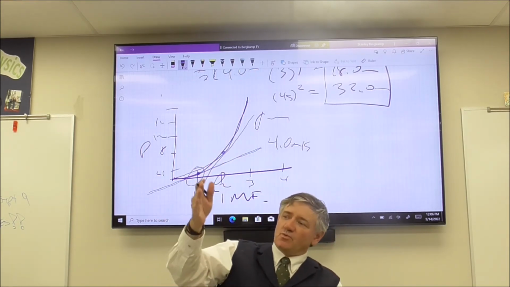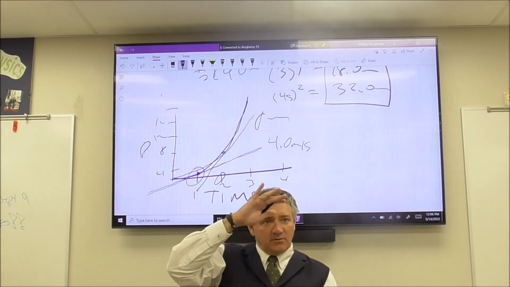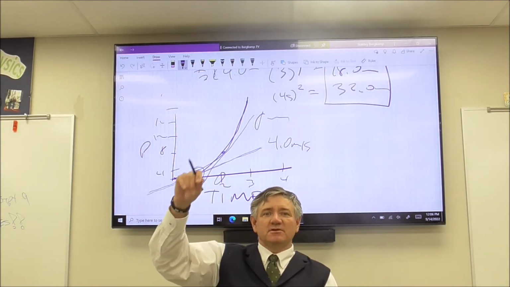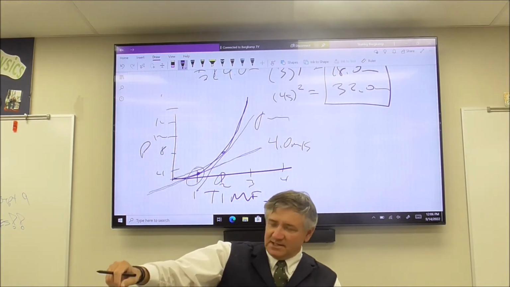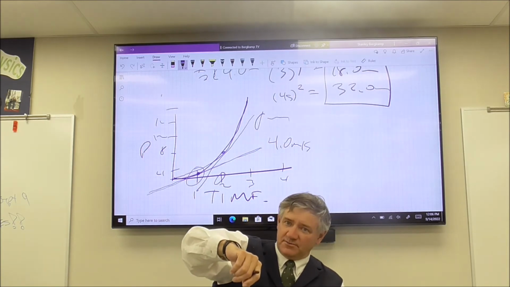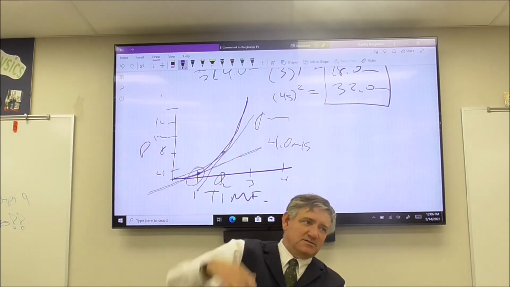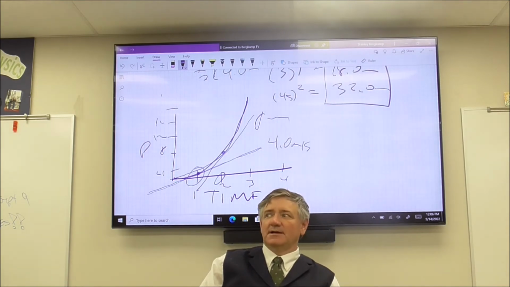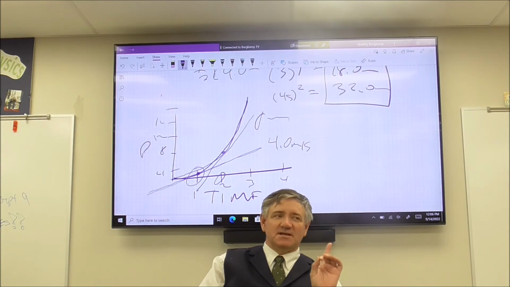So that's where it all comes together, okay? So position time graphs, those slopes give you an instantaneous velocity. You can find that instantaneous velocity by finding your velocity if you know the acceleration and the time. And then that gives you the slopes of the tangent lines. Got that? Okay. So here, I want to emphasize this again.